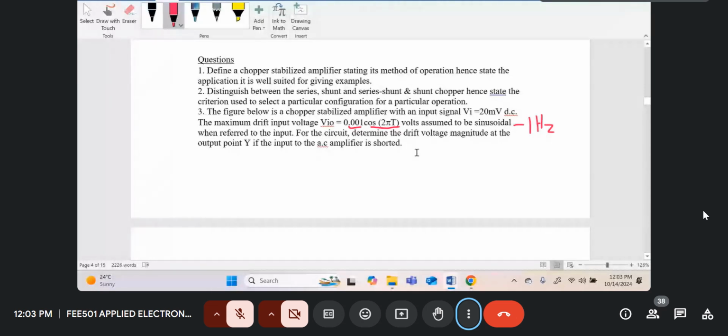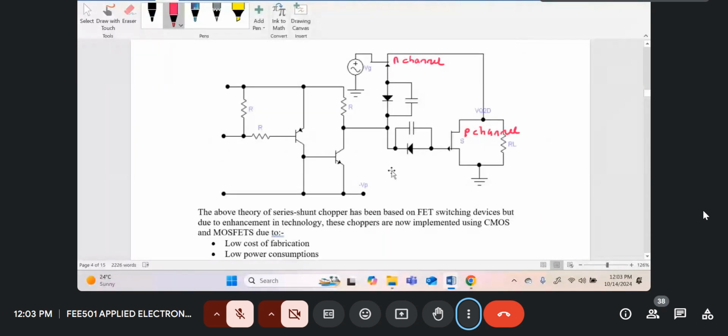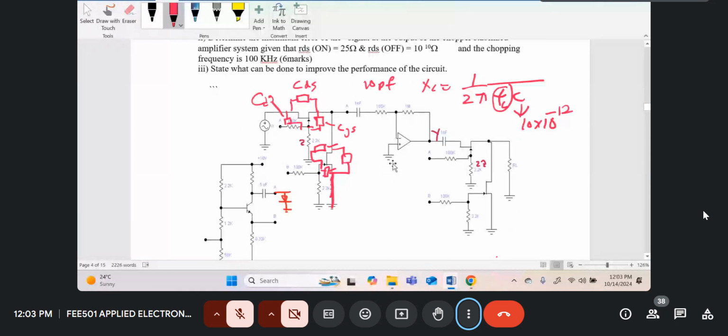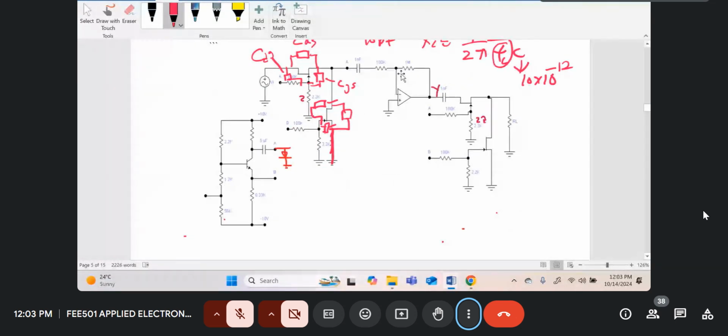So for the circuit, determine the drift voltage magnitude at point Y if the input to the AC is shorted. So they're asking, where is it? It should be here. So they're asking this one. This is your point Y. So point A is grounded. What is the drift voltage? So that's just very easy.